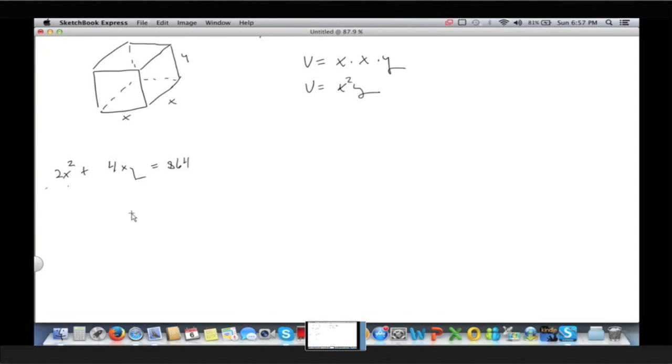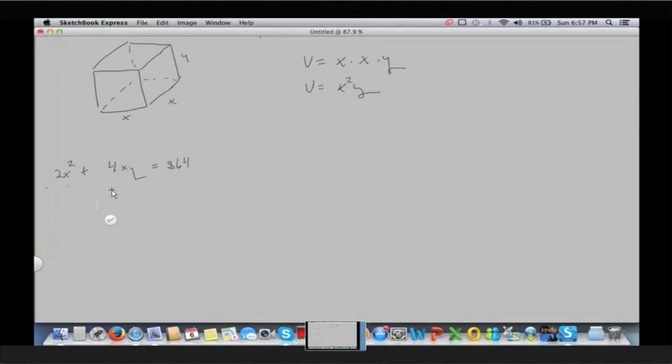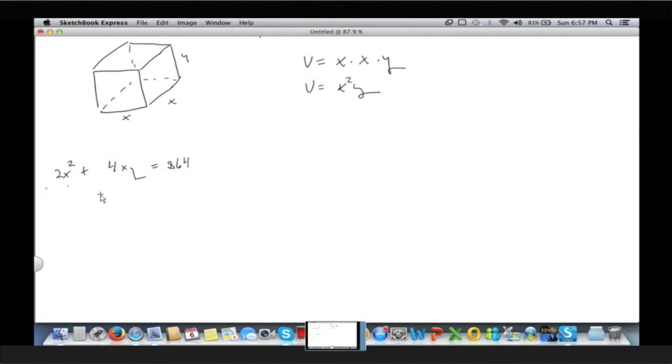So we need to solve for one variable. So we can do this. Move this over.